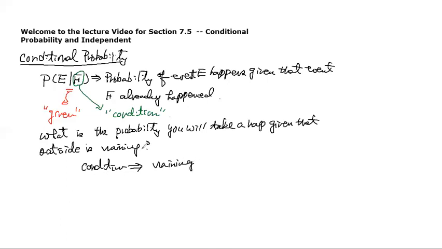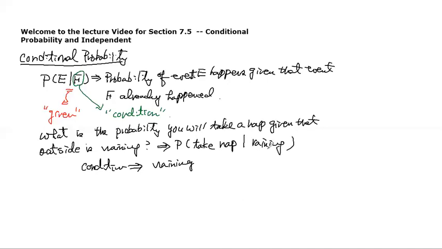Basically, if you want to change this statement to a conditional probability statement, it really is like this: you will take a nap, with a line, given outside is raining.